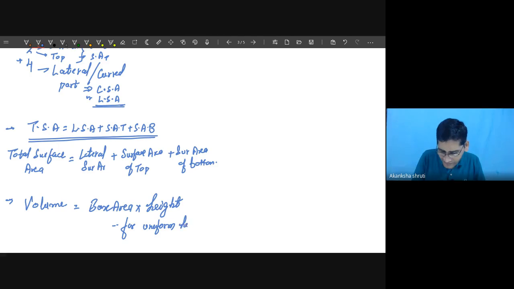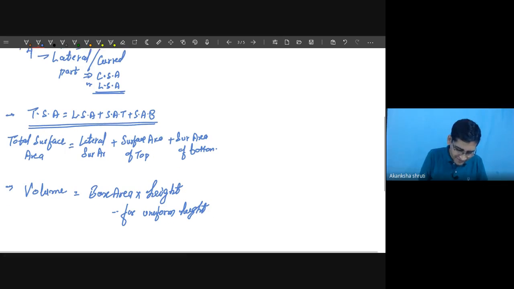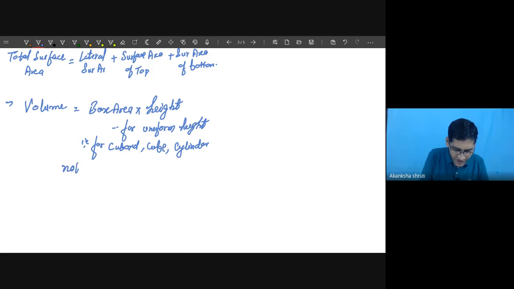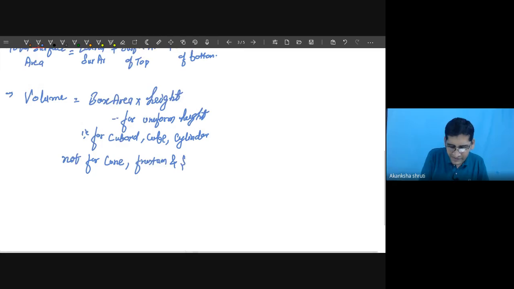If the height is varying or the side is varying, it is for cuboid, cube and cylinder, only these three. It is not for, you must write, not for cone, frustum and a sphere.